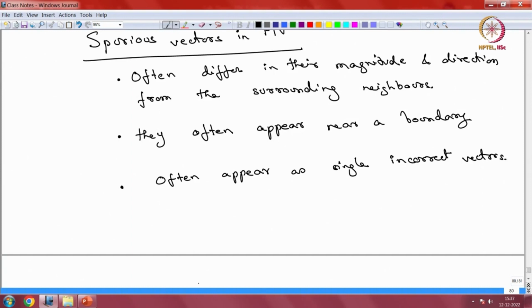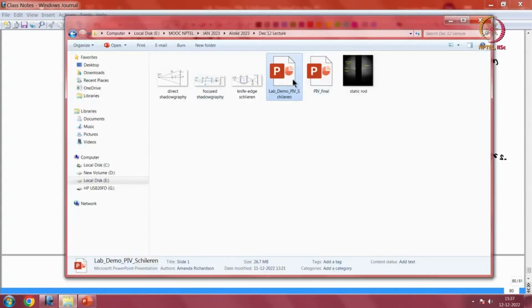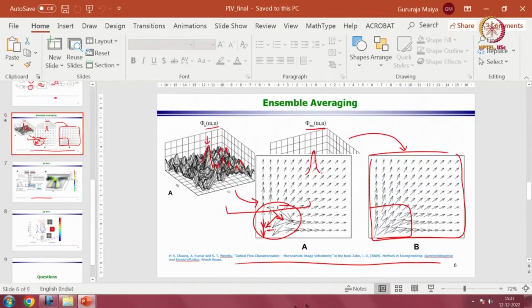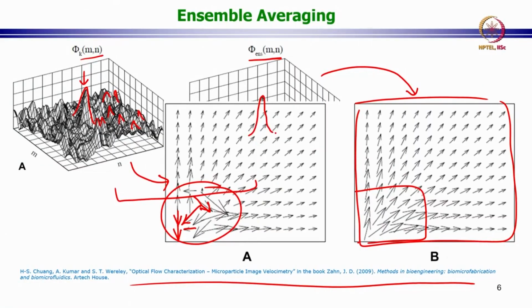So to detect spurious vectors, first you have to detect what are called outliers. So questionable data are often called outliers. So we have seen some example last time. If you recall this particular slide, we had said how the use of the ensemble correlation peak helps remove incorrect or spurious data.